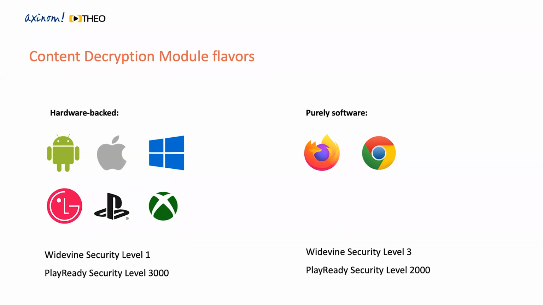Examples of pure software CDMs are the ones that come with an application, for example, the Chrome browser or the Firefox browser. If you download that to your Mac or to your Windows PC, then those applications contain a software-only content decryption module.